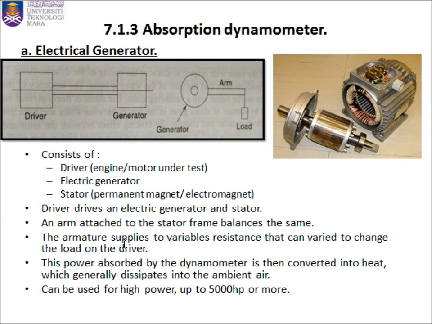The armature supplies to a variable resistance that can be varied to change the load on the driver. The power absorbed by the dynamometer is then converted into heat, which is generally dissipated into the ambient air. This absorption dynamometer can be used for high power up to 5,000 horsepower or more.